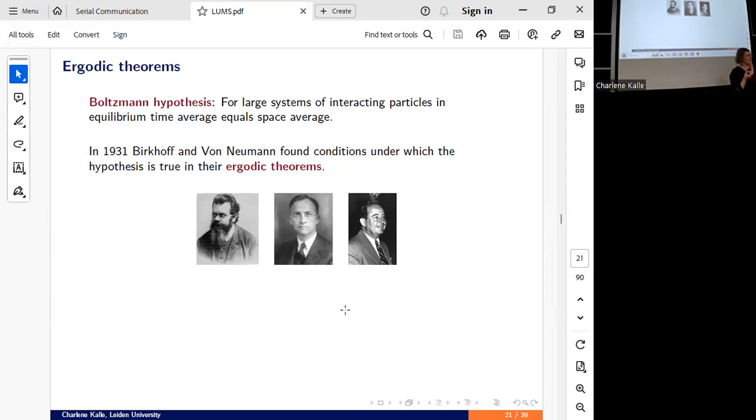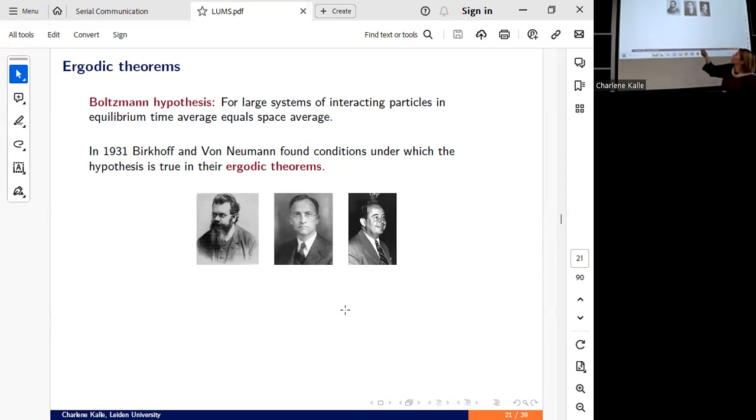They both have their own version of the ergodic theorem, which makes precise what we mean by time average and what we mean by space average. They also say under which precise conditions these things are equal. So this is a very general theorem.